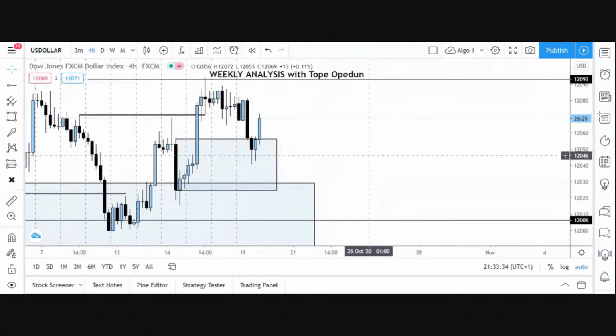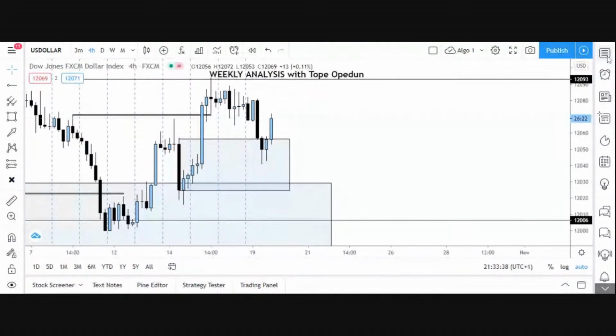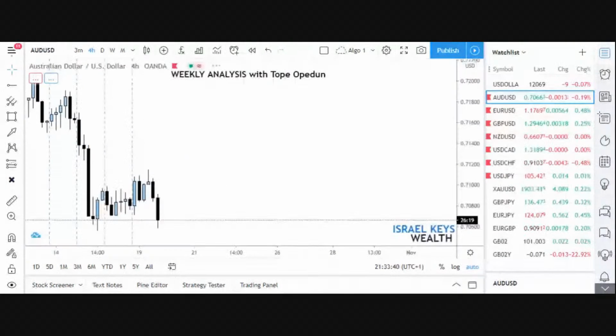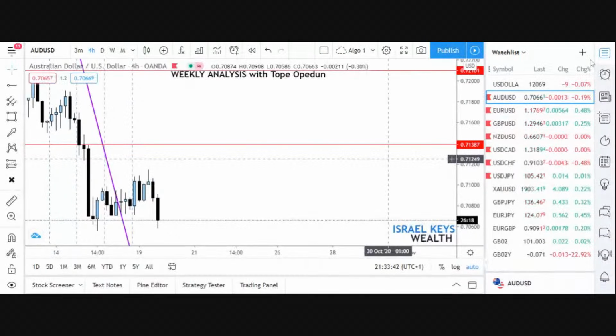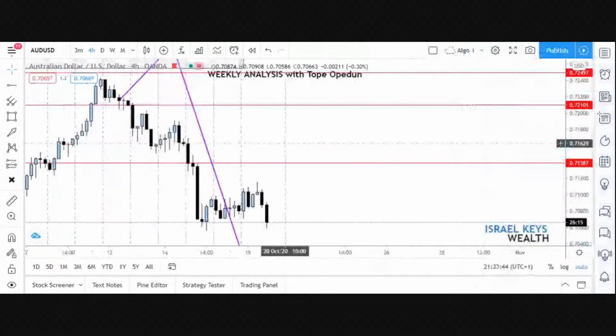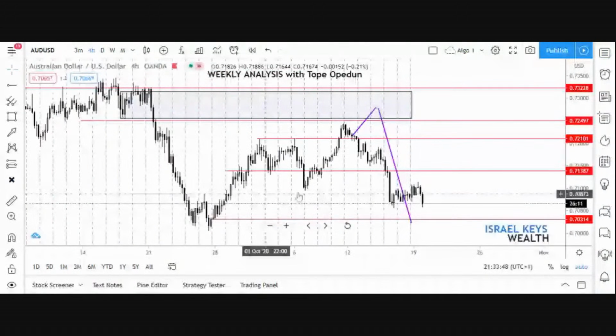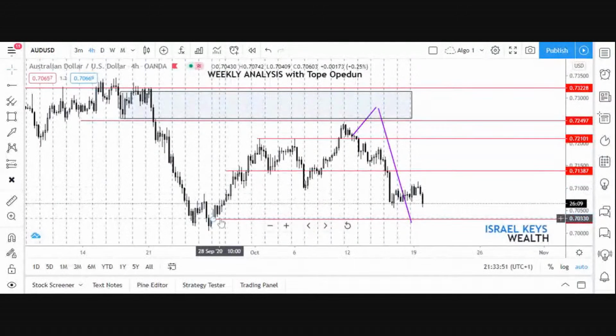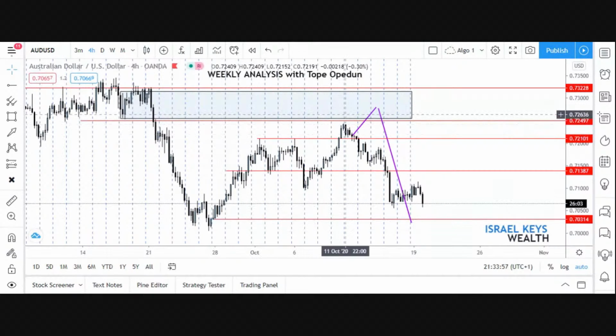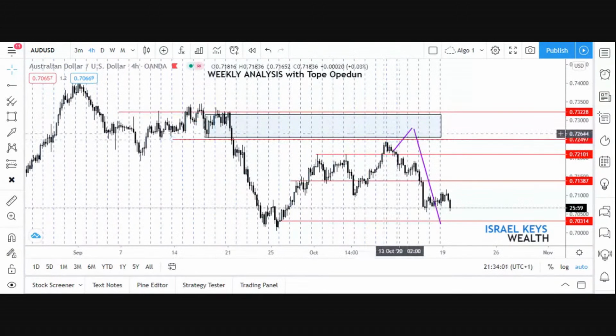So let's go to the next pair. The next pair is AUD USD. So as you can see, when we're anticipating lower US dollar, every other one was running up. Now we're anticipating a short, and as you can see, we've drawn this level out from previous week.